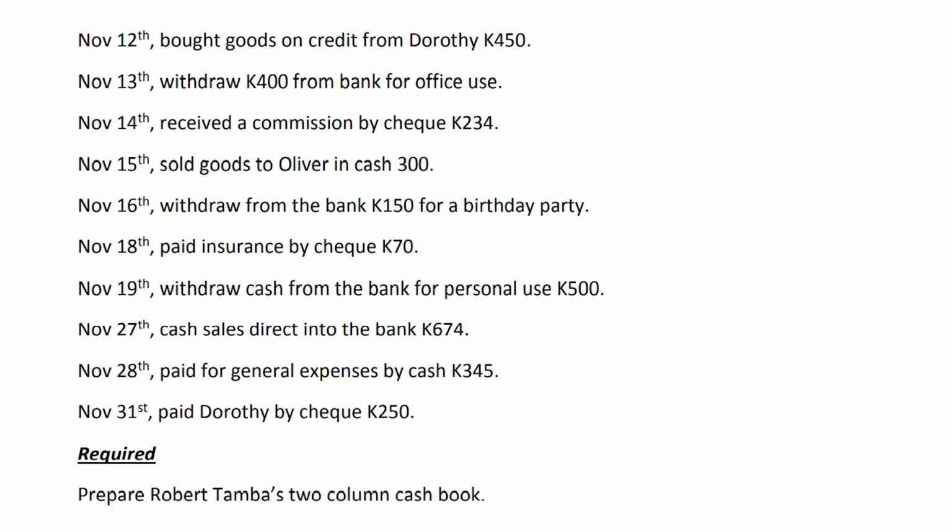Then on the 14th of November, received a commission by check amounting to 234 kwacha. On the 15th of November, sold goods to Oliver in cash amounting to 300 kwacha. On the 16th of November, withdrew from the bank 150 kwacha for a birthday party.